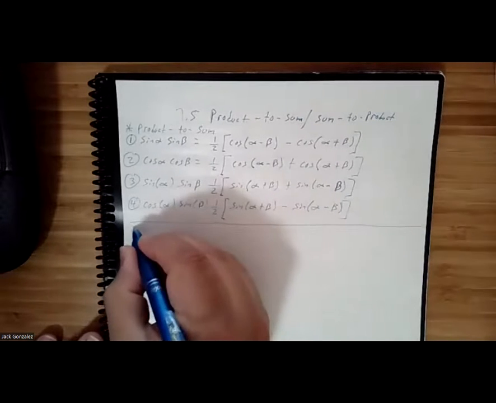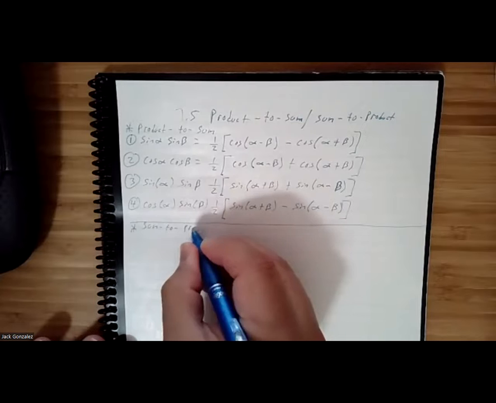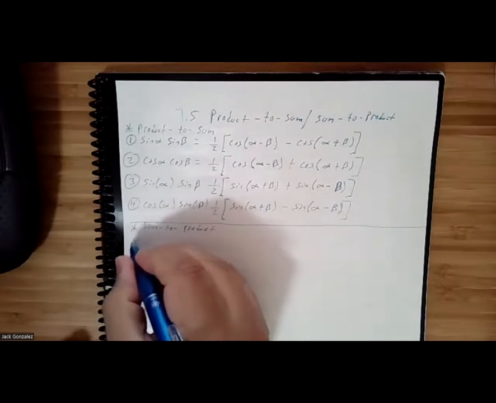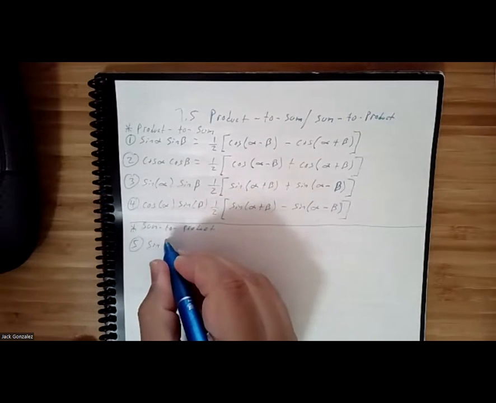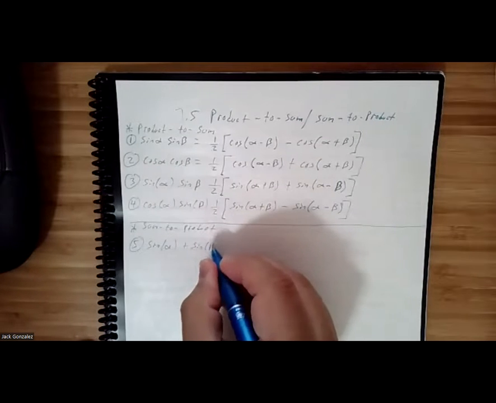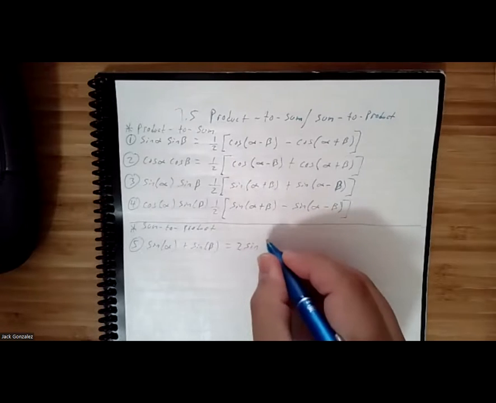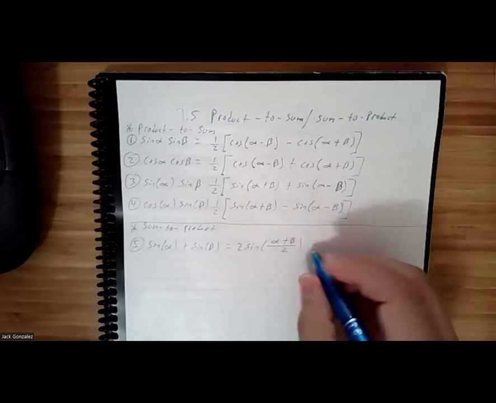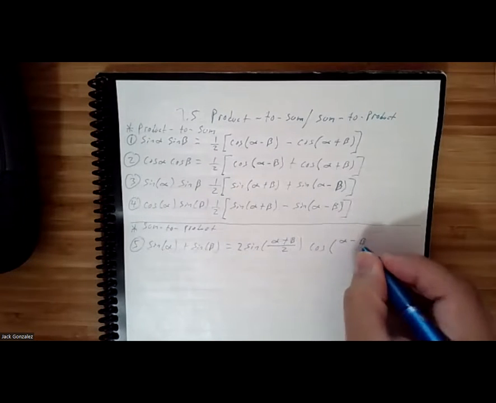Now let's do sum to product. So sine alpha plus sine beta is equal to 2 sine alpha plus beta over 2 times cosine of alpha minus beta over 2.